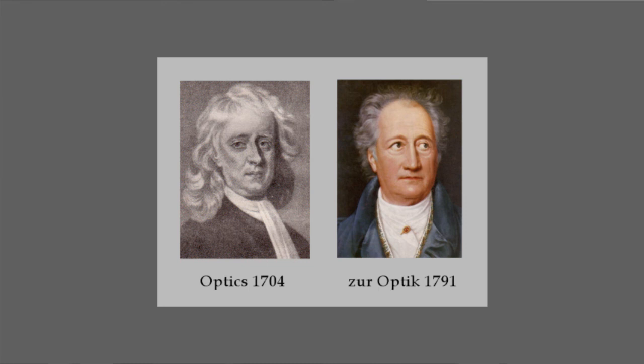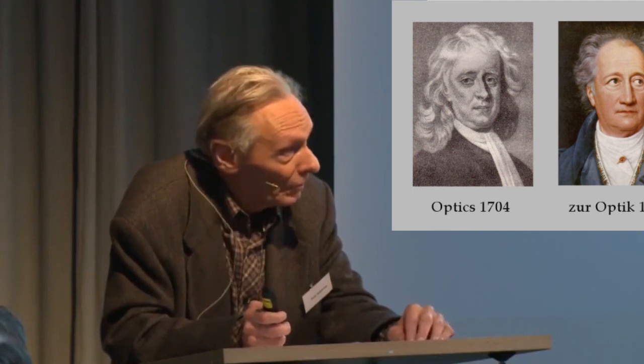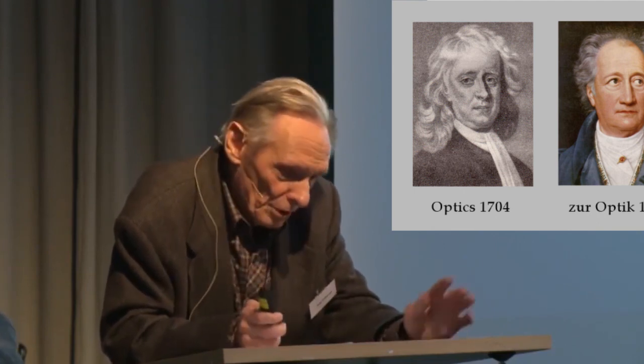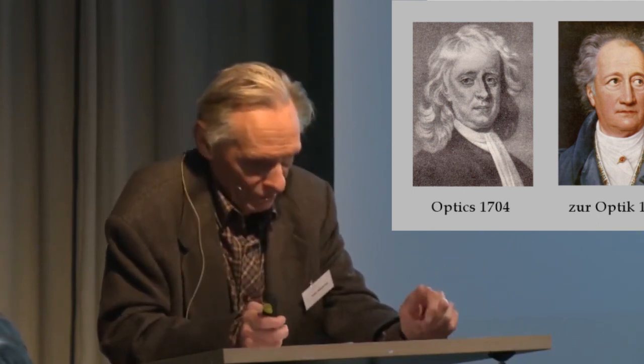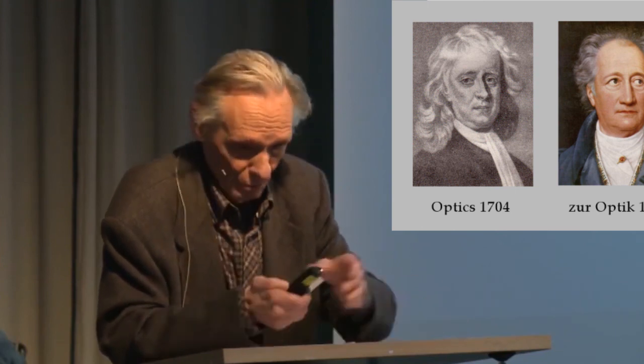Furthermore, Newton's practical goal was to get rid of the colored borders that distorted the images in optical devices, but for Goethe, the intent was to understand colors we meet in practical life.